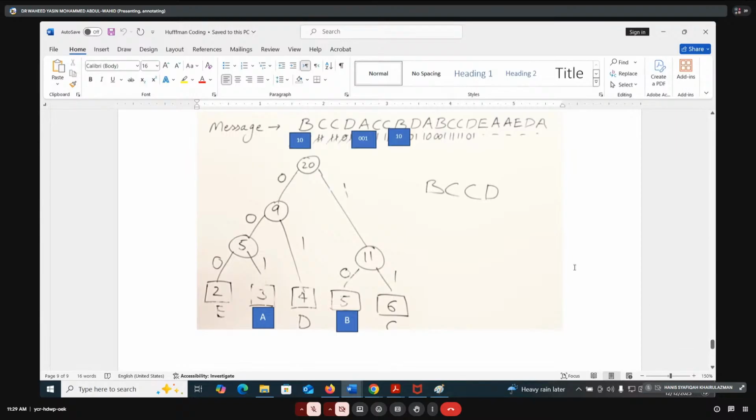So if I have BCCD, what will I have here? B is 1 0, C 1 1, C 1 1, and D is 0 1. Okay. So this is the message and this is the code that I'm going to send. Clear so far?